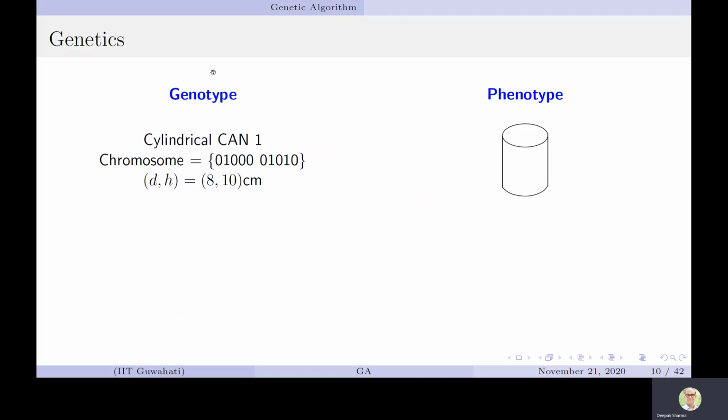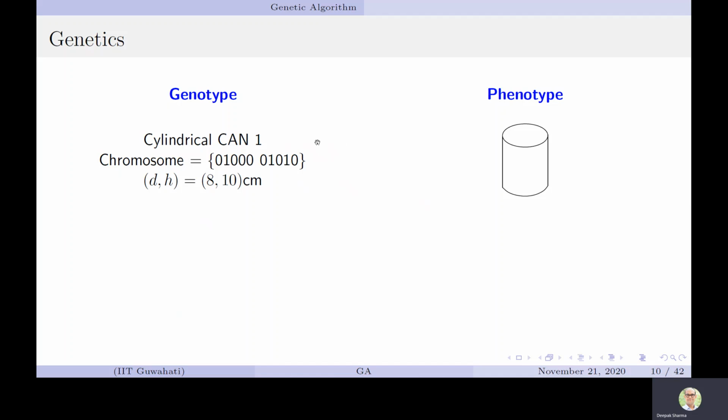There is a genome inside us, and that information is coded inside our body. Based on that information, how we look, our eyes, our height, the hair color, etc., all of them will be decided by the genome. So the genome is inside, where the information is coded. Phenotype is how physically things look.